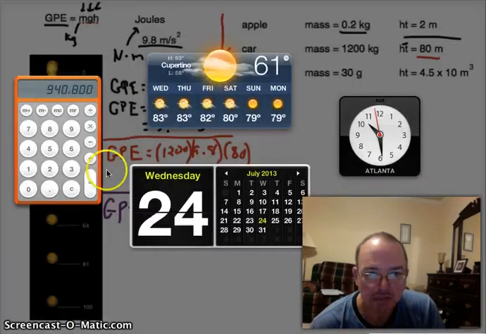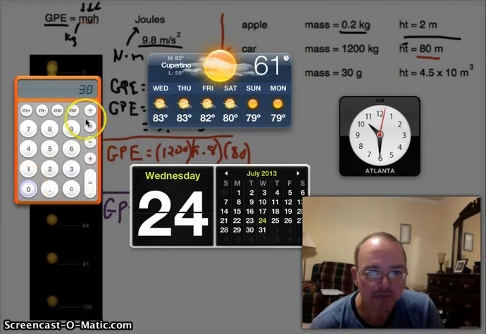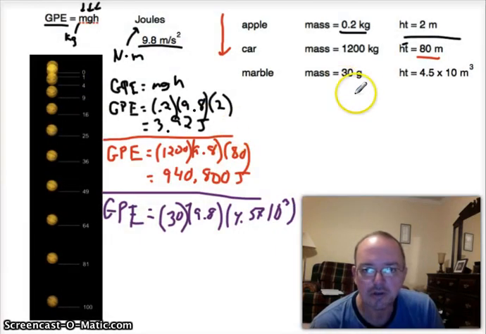So let's go to the dashboard. 30 is the grams, kilograms, times... ooh, you know, I just noticed, that's in grams. So we're going to have to convert that to kilograms. 1 kilogram equals 1,000 grams.